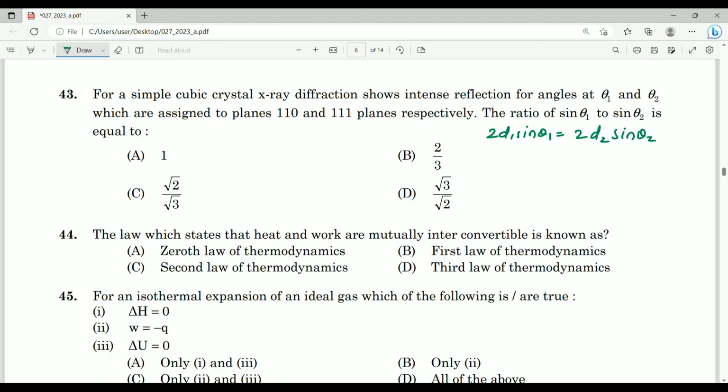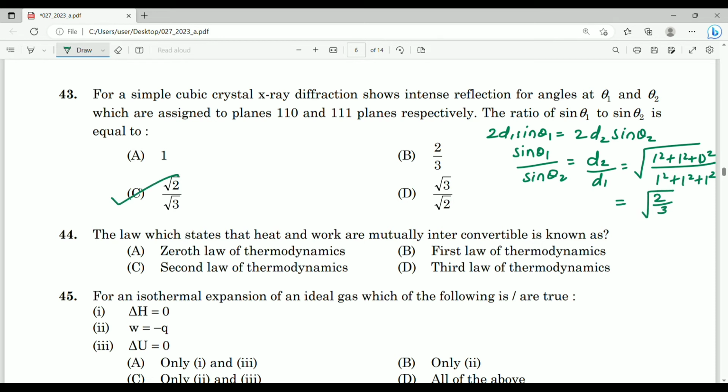We have to find sin theta 1 by sin theta 2, d2 by d1. So the answer will be root of 1 square plus 1 square plus 0 square divided by 1 square plus 1 square plus 1 square. So that will be 2 by 3, root 2 by 3. So the answer is C option.